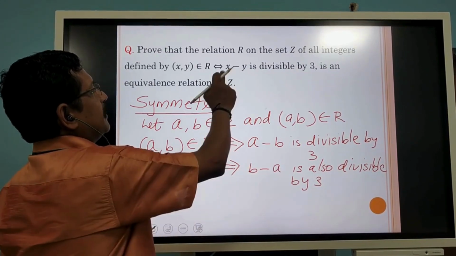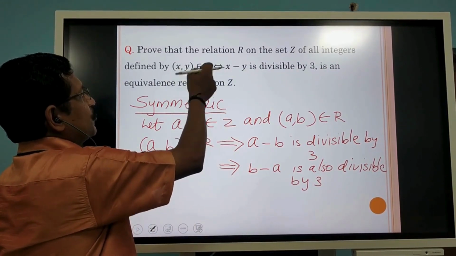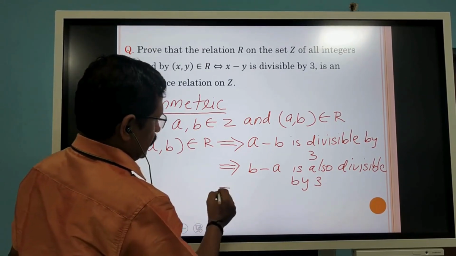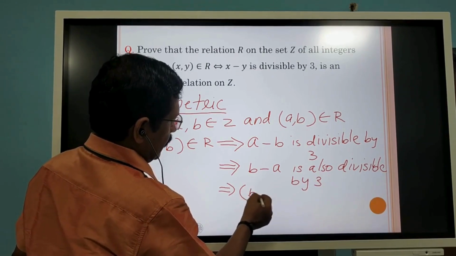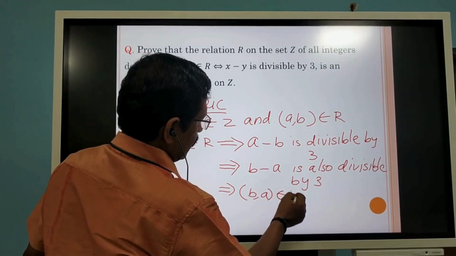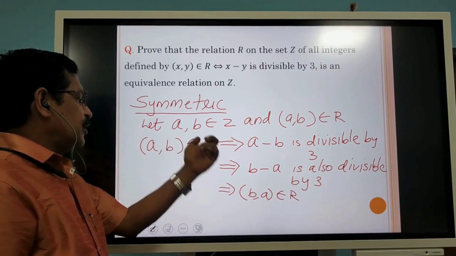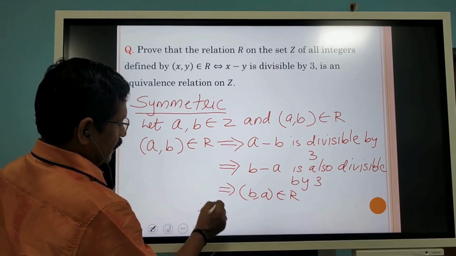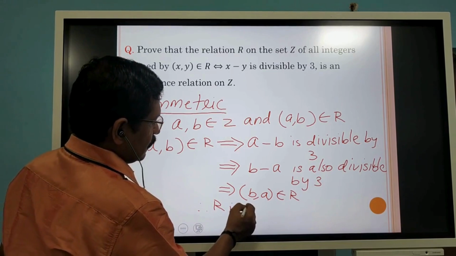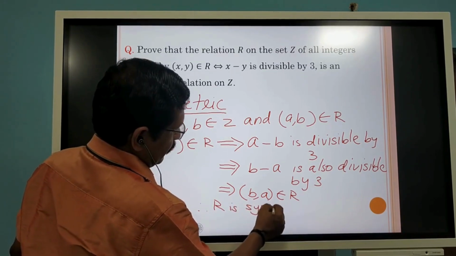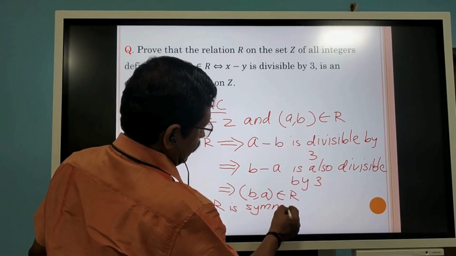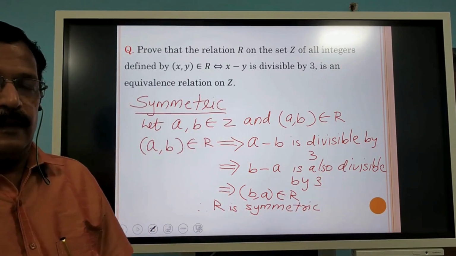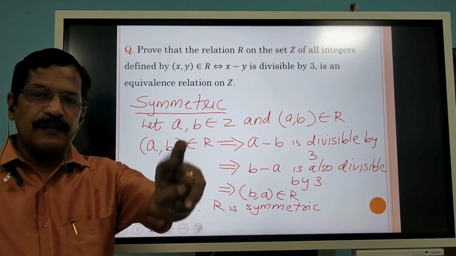So b minus a divisible by 3 means, as per this condition, (b, a) should be an element of R. So ordered pair (a, b) element of R implies ordered pair (b, a) element of R. Therefore, R is symmetric. So reflexivity is over, symmetricity is over.